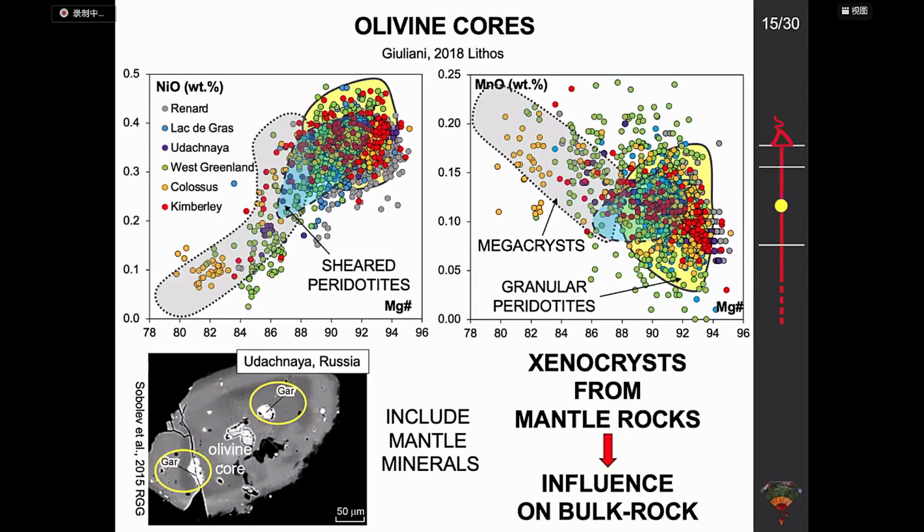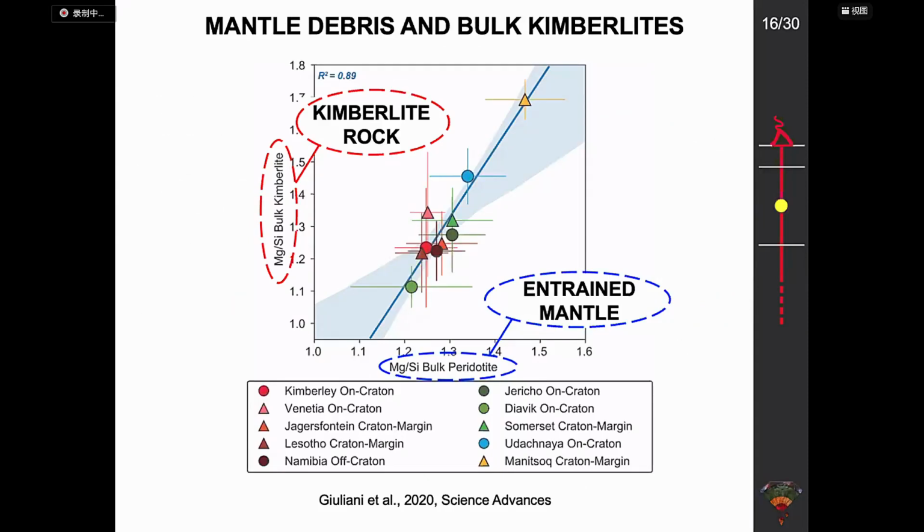And this is even clear in this chart, which is the first chart from the paper that I'm showing you today, where we have compared the magnesium-silica ratio of multiple peridotites from a few kimberlite localities worldwide with the magnesium-silica ratio of bulk kimberlite samples from those same localities, respectively on the x-axis and on the y-axis.